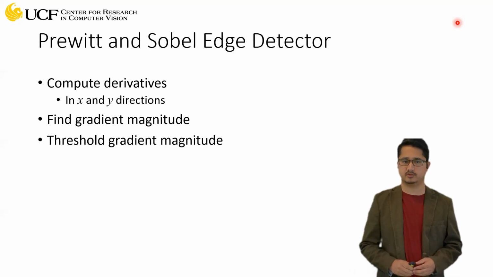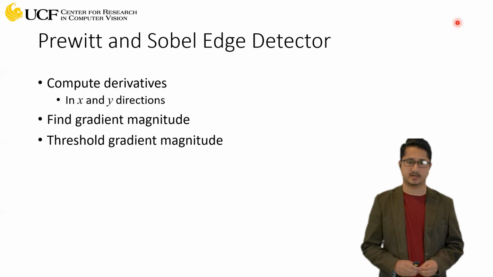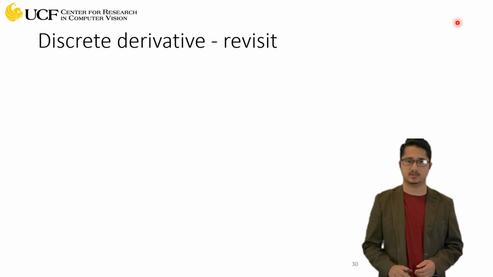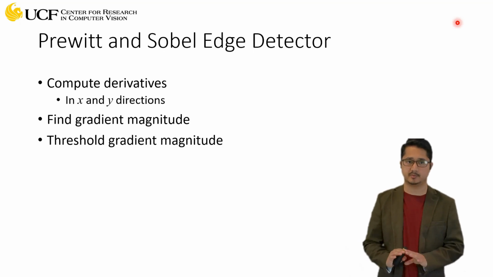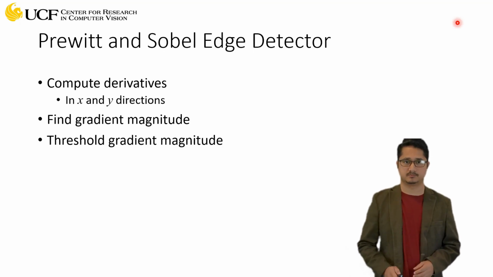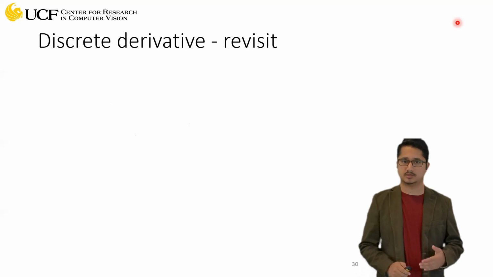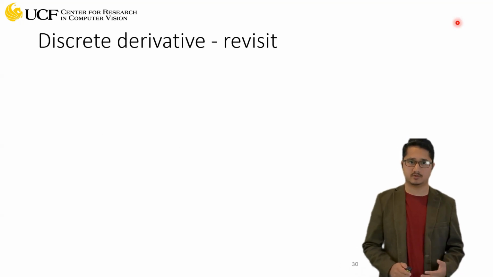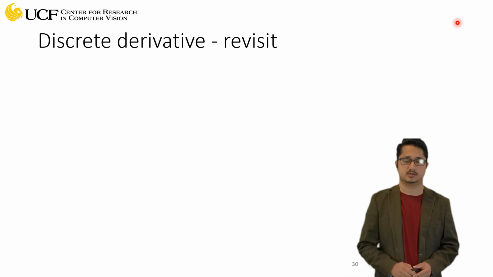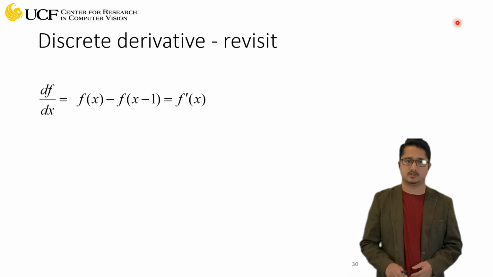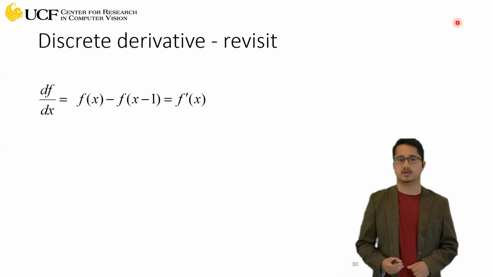Then we will use a threshold on these gradient magnitudes, which will decide whether it's an edge or not. These are the basic 3 steps used in both algorithms. All this process we have already covered, using several other filters in the previous lecture. So let's do a quick recap before we go into the algorithm itself.